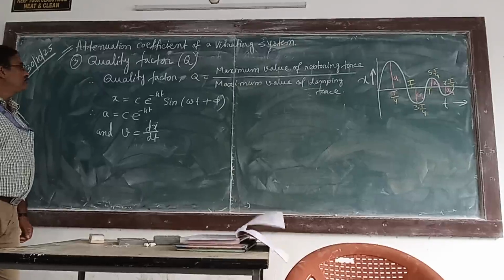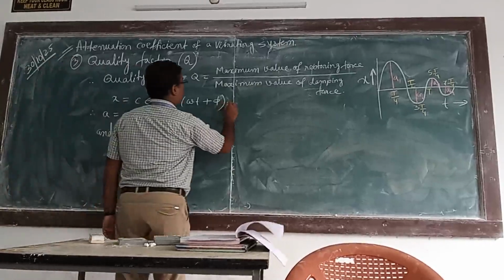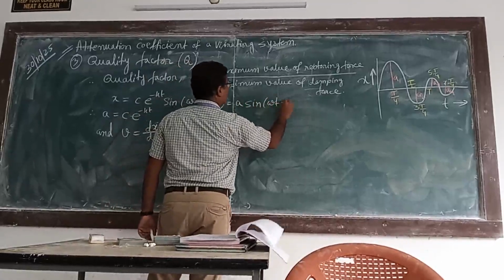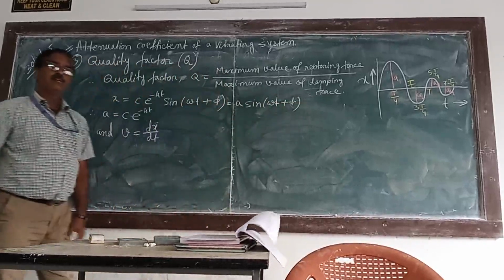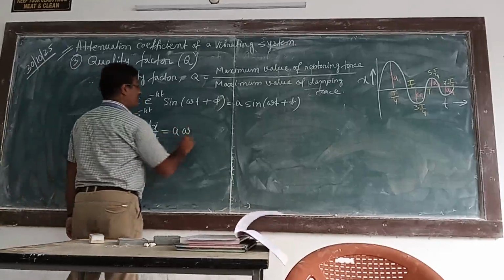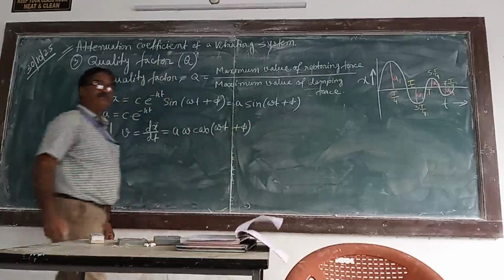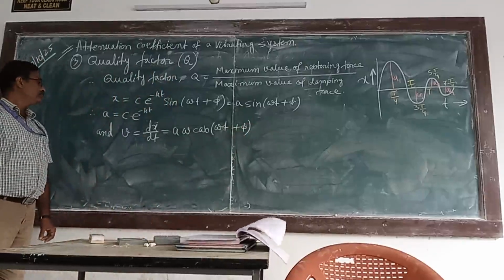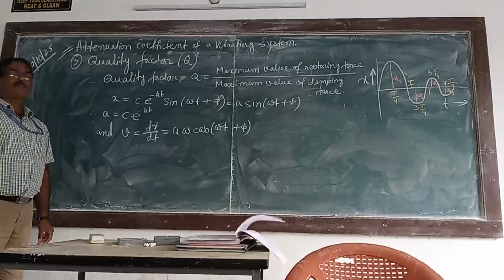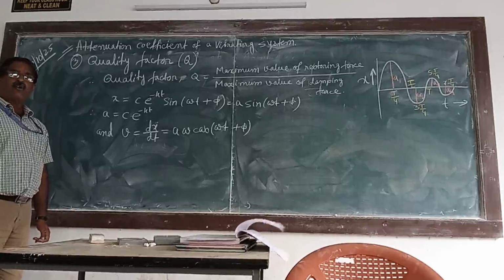If x equals a sin(omega t plus phi), then dx/dt equals a omega cos(omega t plus phi).